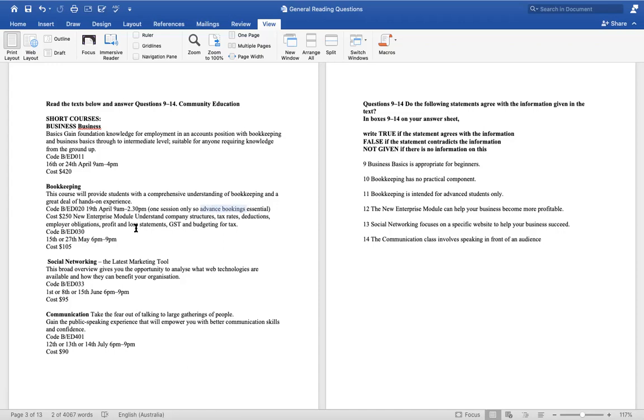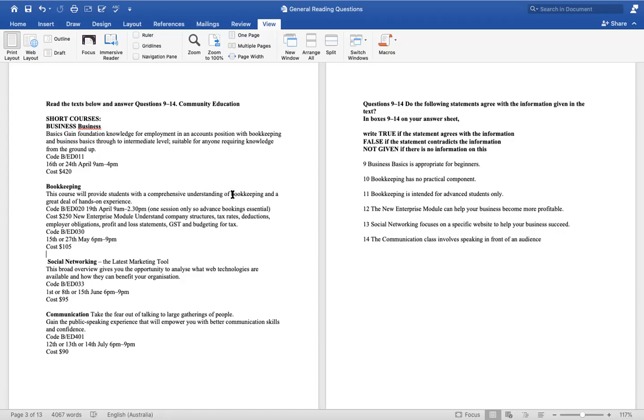Sunny explains that he wrote not given already, but changed to true after proofreading because they mentioned a comprehensive understanding. Okay, so it gives students a comprehensive understanding.